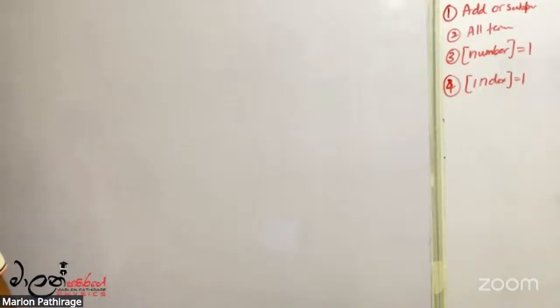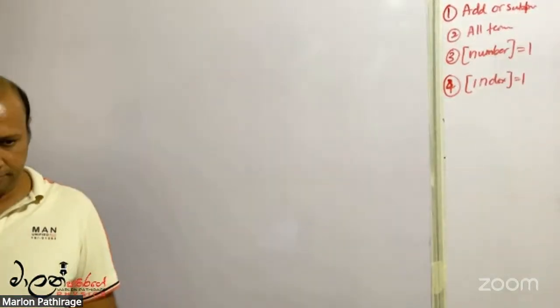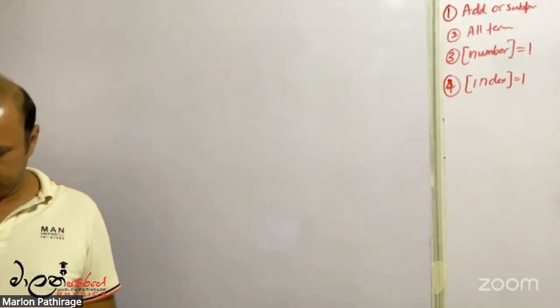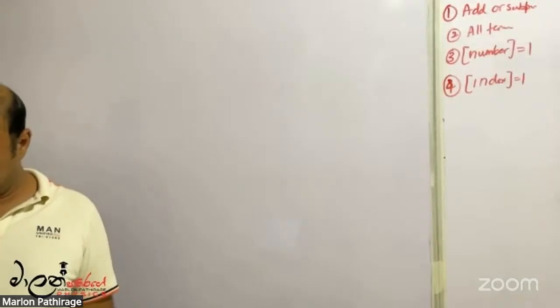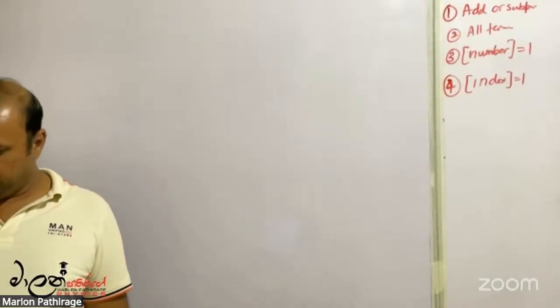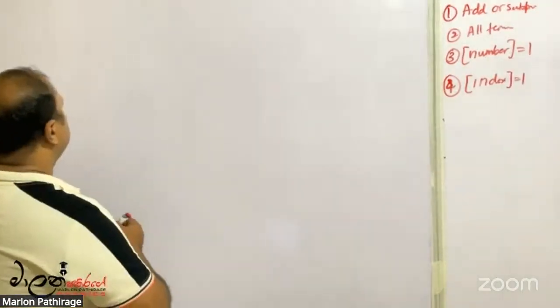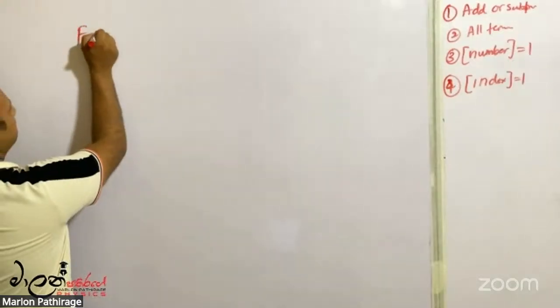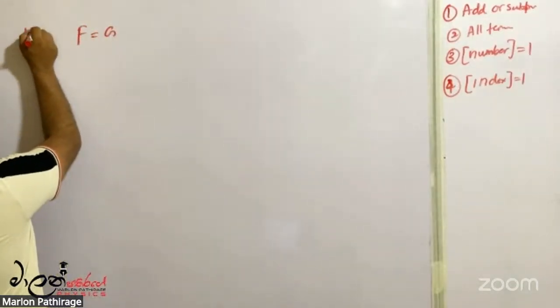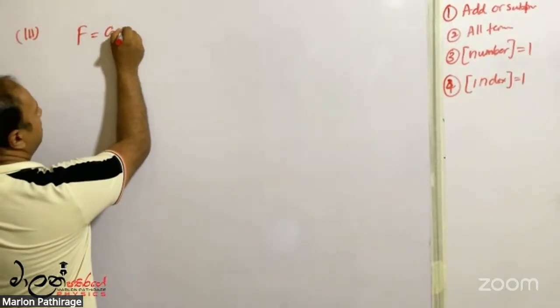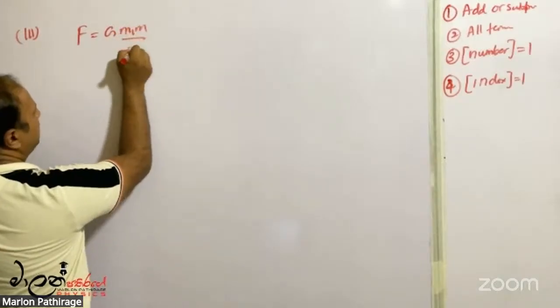Okay. Then the next one. F is equal to G M1 M2 over X squared.